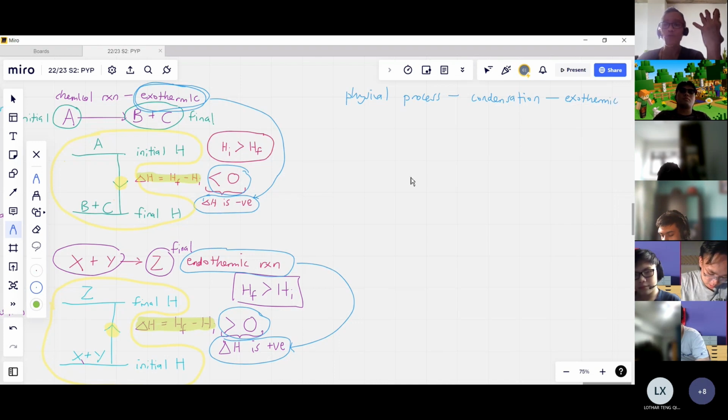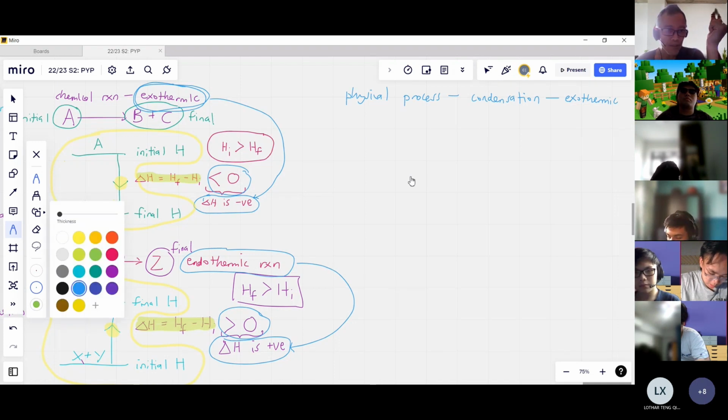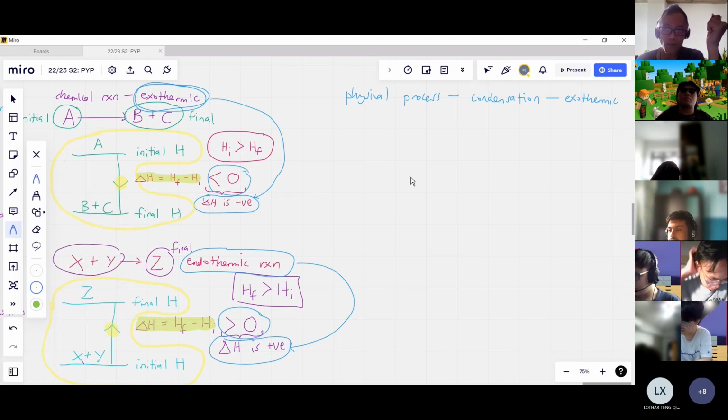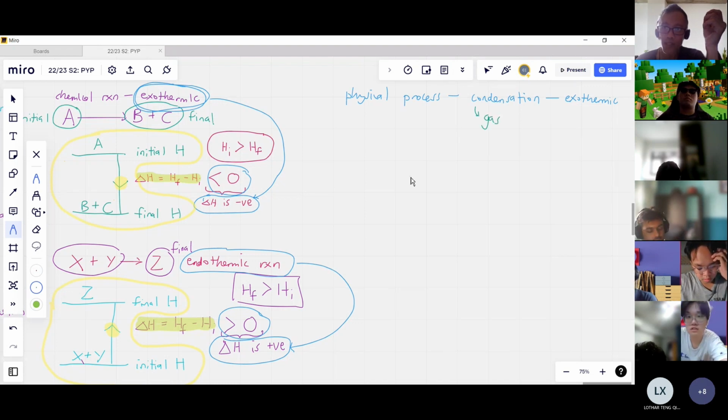Condensation is always exothermic. So how are you going to draw the energy diagram? Well, first of all, you have to figure out what is condensation. So basically, condensation is from a vapor, or use the word gas instead, gas to liquid. So I think we can all agree that this is condensation.